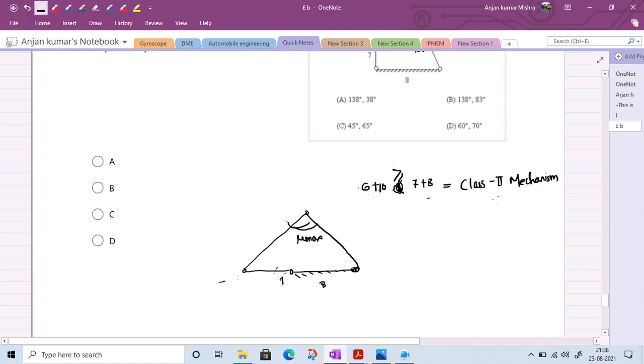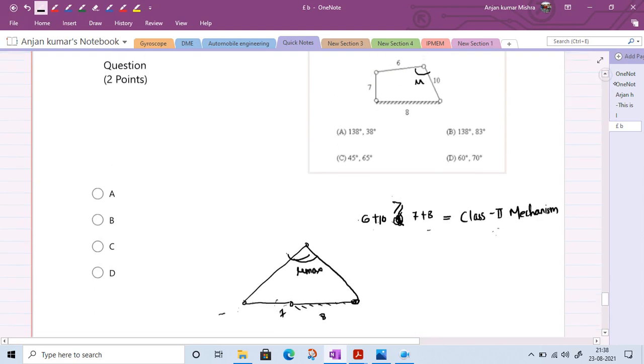This is 8, 7, and the connecting rod, that is 6, that is 10. And what will be the diagram for the mu min?